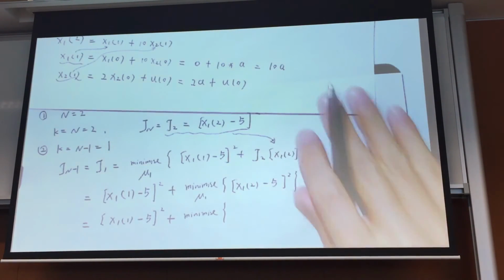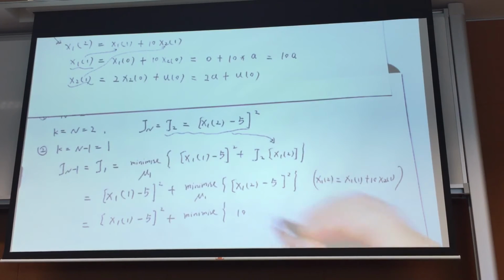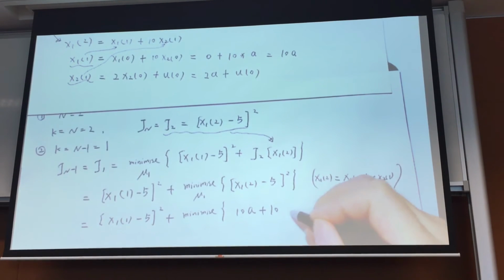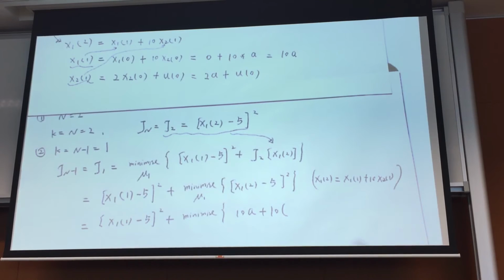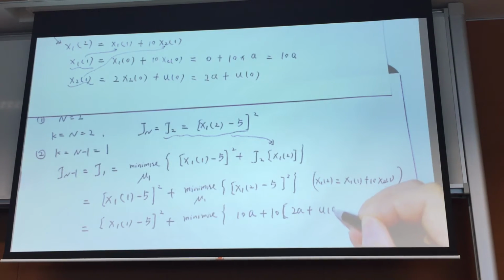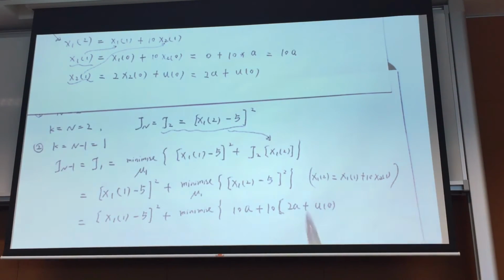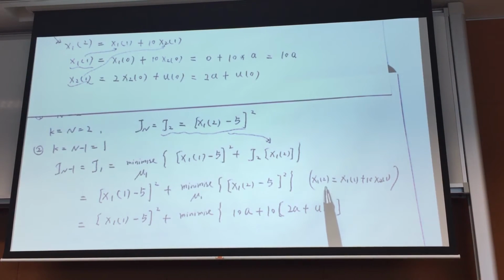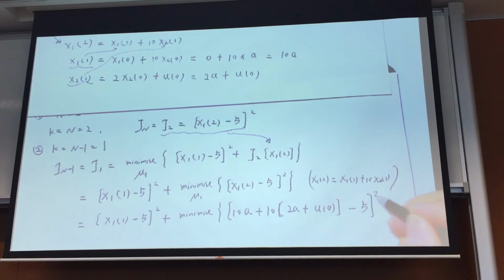So the x_1^1 is given by 10a, plus this 10 x_2^1. So the x_2^1 equal to 2a plus u0, 2a plus u0 from here. So this is (x_1^2 - 5)^2.